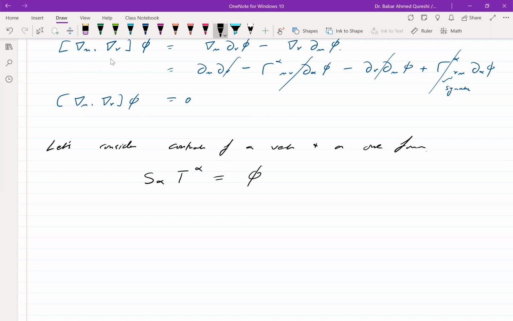These both are fields, and when I contract them, I get a scalar on the manifold. Now I apply the commutator on this scalar.